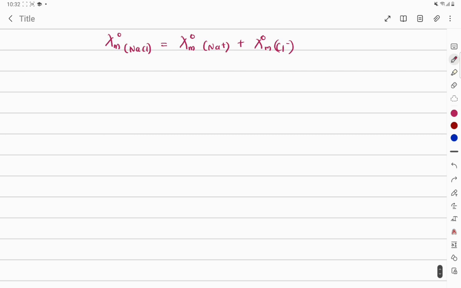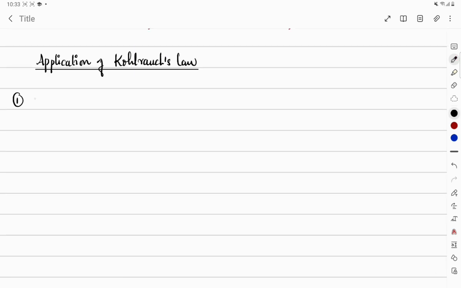So now let's look into the applications. The first use is to calculate the conductance of a weak electrolyte at infinite dilution, or to calculate the lambda 0 m value for weak electrolytes. As I told, for strong electrolytes it's directly possible to find it from the graph, but for weak electrolytes we can make use of the values from strong electrolytes and Kohlrausch's law, and finally get the lambda 0 m values.